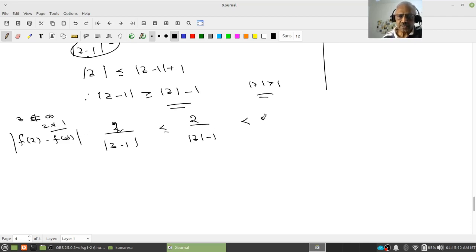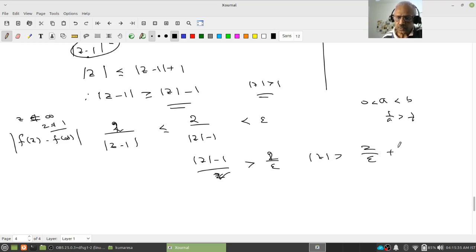Okay, this I want to be less than epsilon. Now remember, I made sure mod z minus 1 is positive, therefore I can take the inverse, right? If 0 is less than a is less than b, then 1 upon a is greater than 1 upon b. So I can use that. Therefore mod z minus 1 by 2 is greater than 1 by epsilon. Therefore mod z should be greater than 2 by epsilon plus 1.